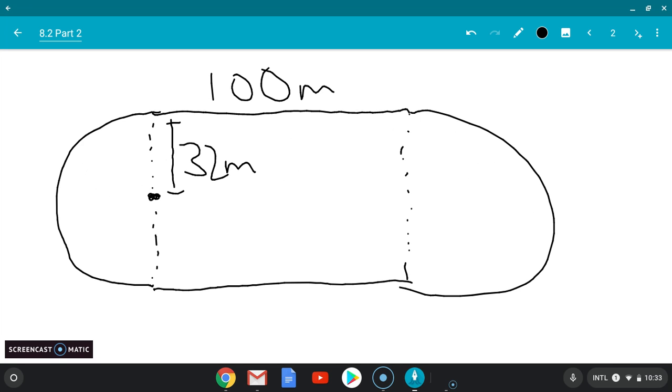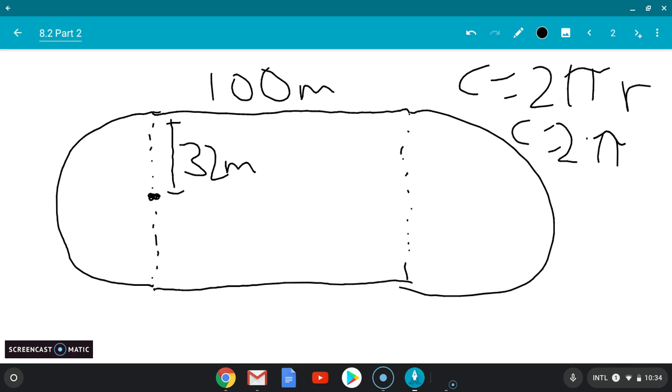So together they would make a full circle, right? So we could just do our normal C equals 2 pi r formula, okay? So if we plug in, we'll get C equals 2 times pi times 32, correct?